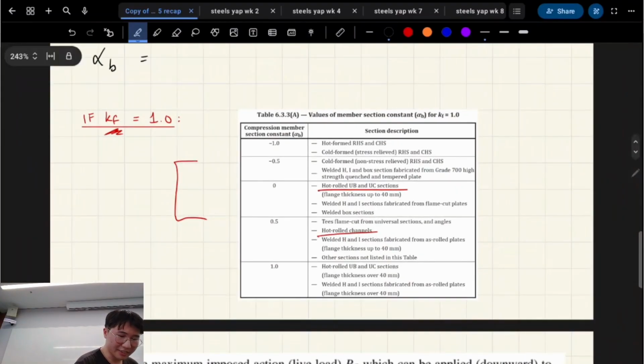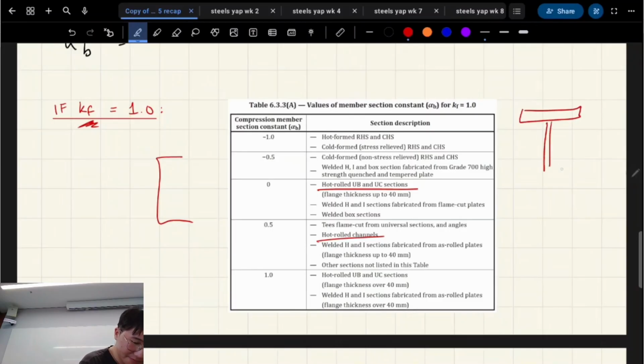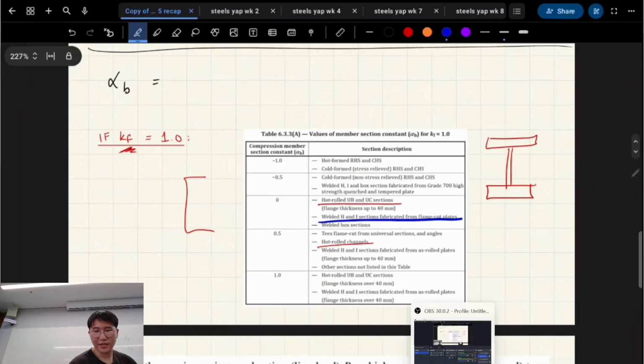Okay. The other thing is, a lot of the time, if you're given a custom section, for example in your finals, like we're going to try to make a welded section like that or whatever. It'll be welded, right? Welded I section, welded box section, whatever. The other thing is, okay, you know what?